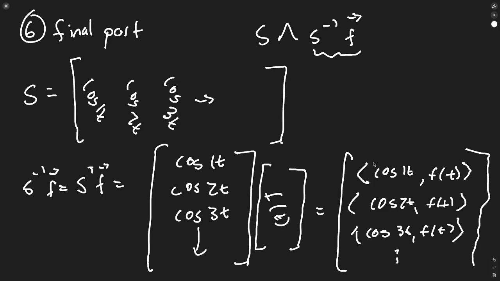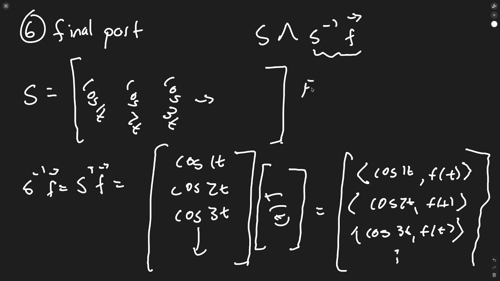And I guess maybe we should just drive this home. These are the coefficients on these functions to make f, right? So this inner product here times cosine of 1t, plus this inner product here times cosine of 2t, plus this inner product times cosine of 3t. We can call this sort of like f of s, right?